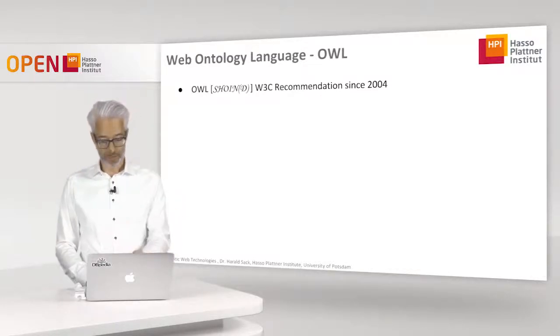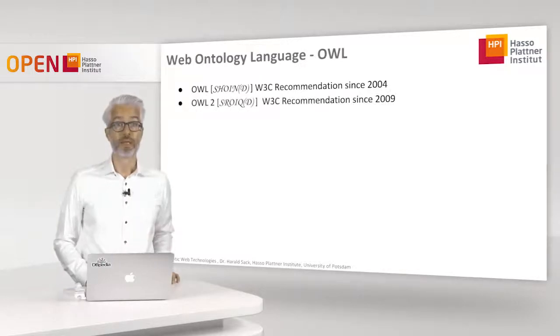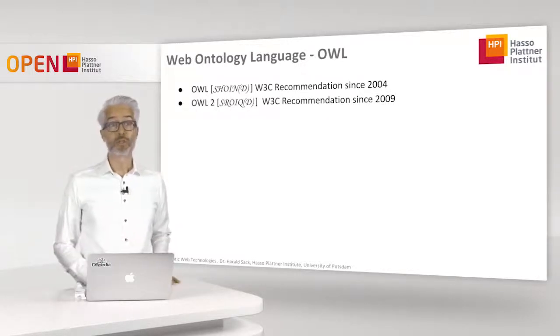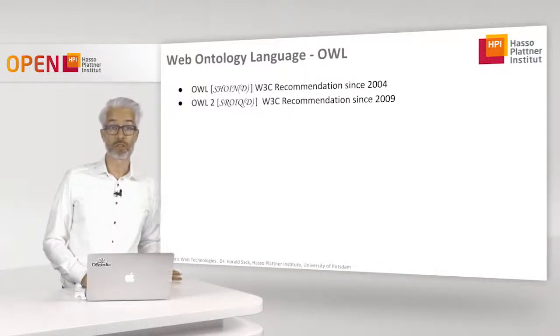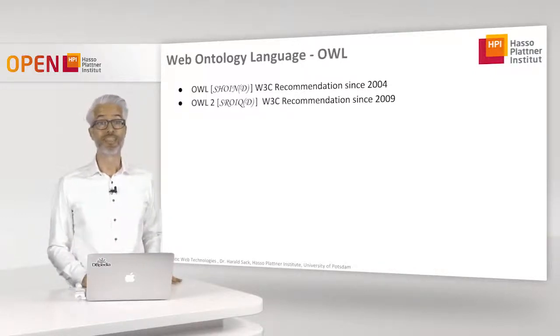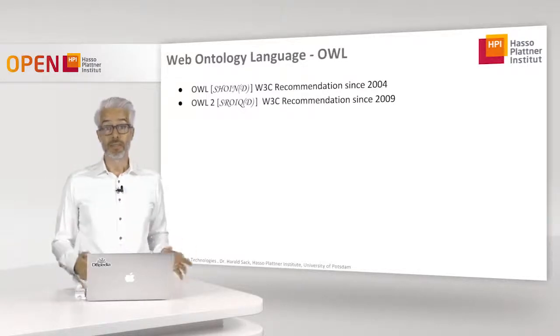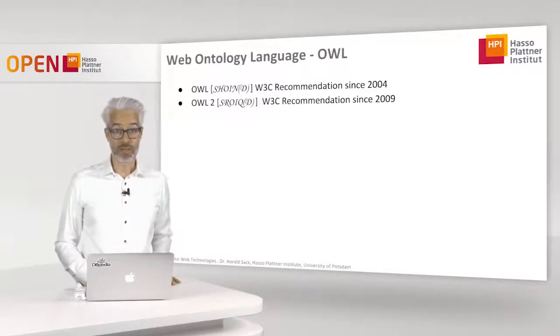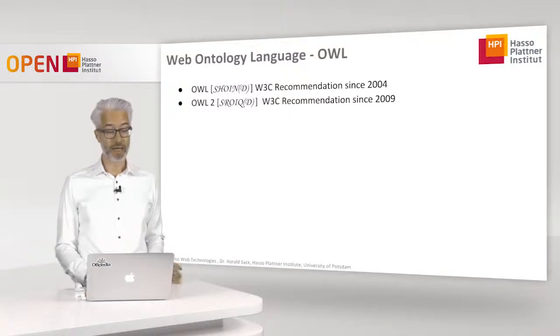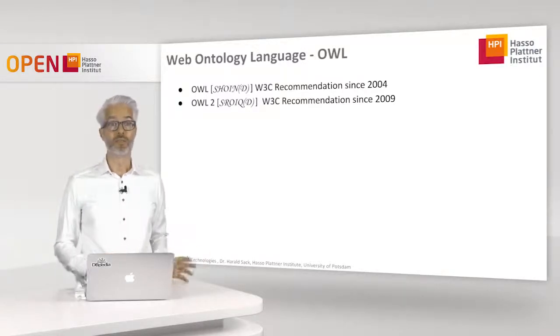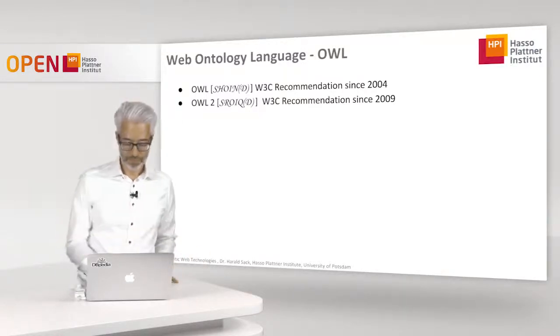We will talk about that in a few moments. And the new version, called OWL2, of course, is based on an extension of the old description logic, which is now called SROIQ(D). This is the W3C recommendation since 2009, and we will refer in the future to OWL2.